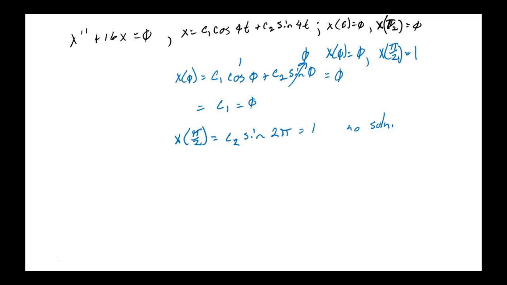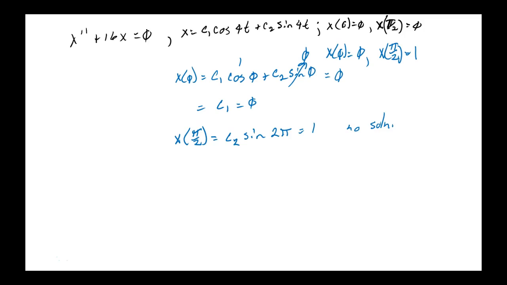If you say x at 0 has to be 0, that's easy to fit. But when you say x of pi halves has to be something other than 0, you're going to have trouble, because there's no way you can make that work. The other condition requires C1 equals 0.